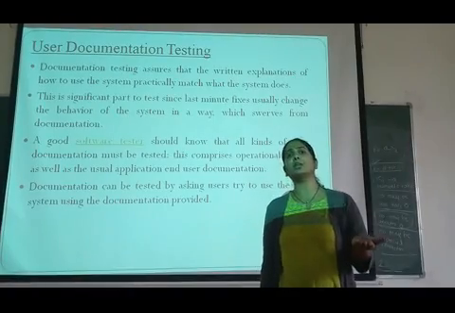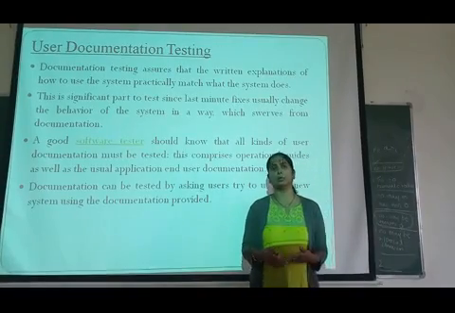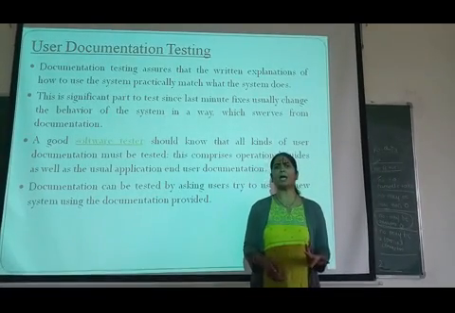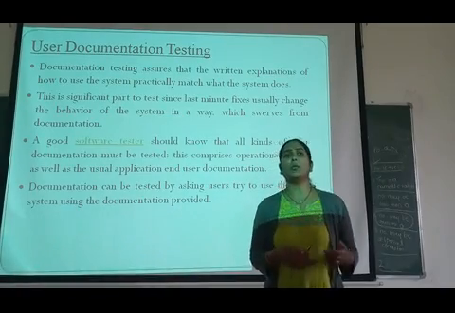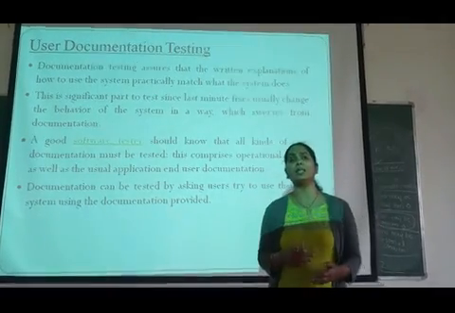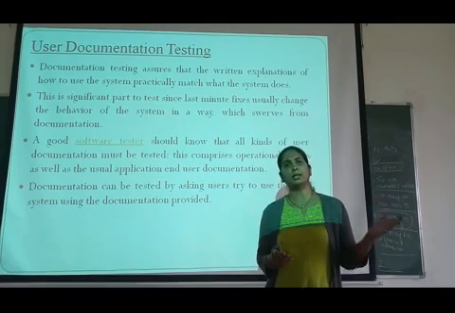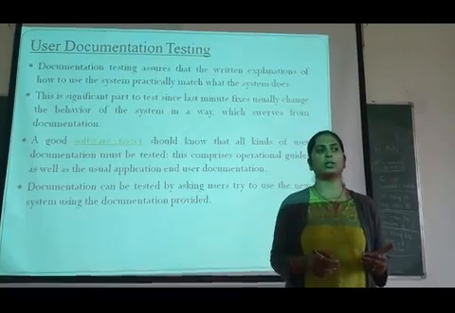It is showing something wrong, or it may go into an infinite loop. This is the important thing when we want to check our software or application against the expected requirements. So this is the user documentation.